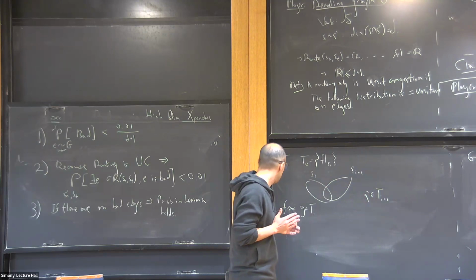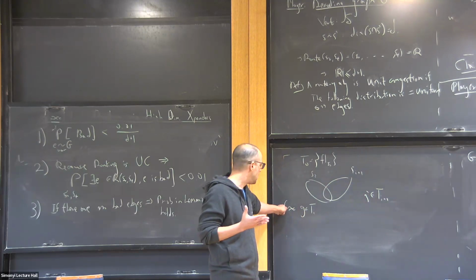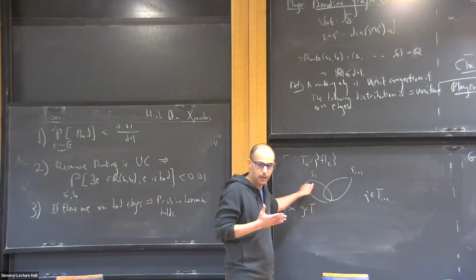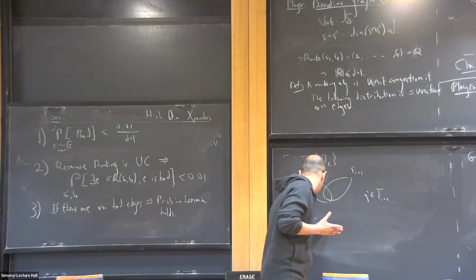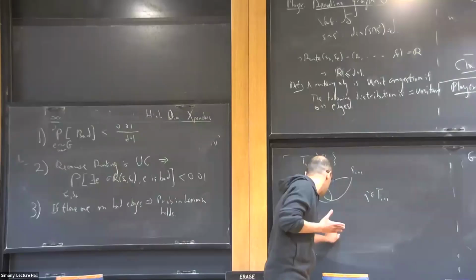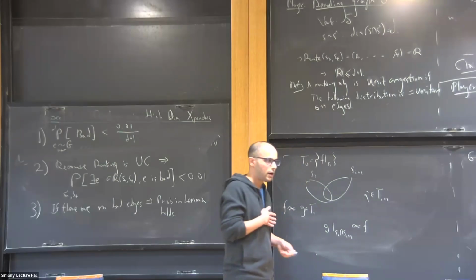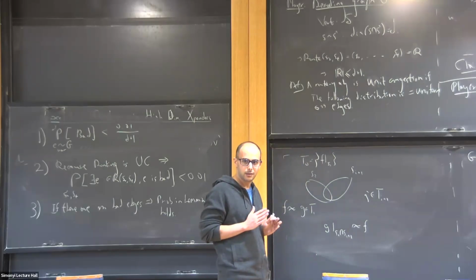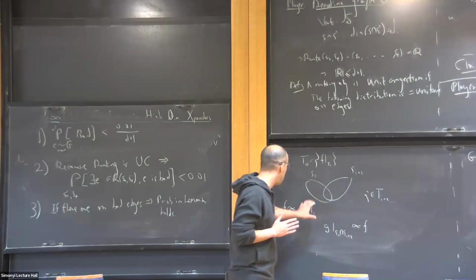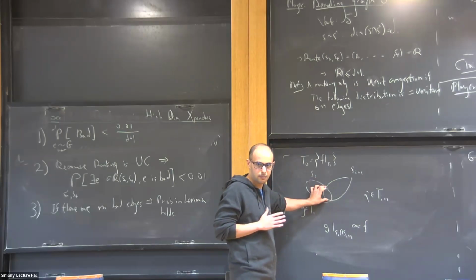And the reason is that if G is close to F on all of S_i, then it also means that G, which is in T_i, is close to F if I restrict it to the intersection. I'll just write like this. And why is that? It's exactly because the edge is not bad. The distance of F on all of this is roughly equal to the distance of F on all of this.